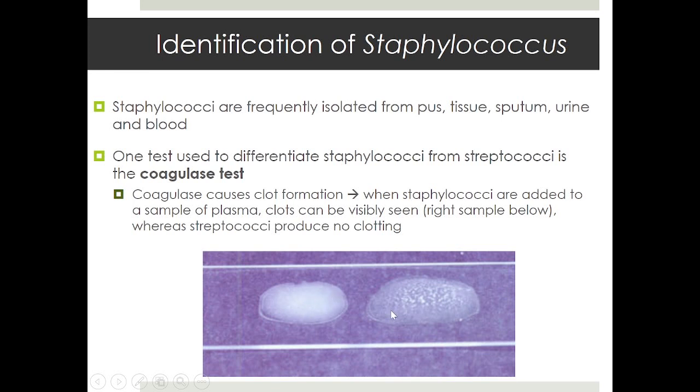On the right here, though, when we add staphylococcus, you can see that there are little dots of particulate that have formed, and that is due to coagulase coming in and binding a bunch of blood factors together to form blood clots. So this is a really great, quick and dirty diagnostic that can tell you if staphylococcus is present in your sample.